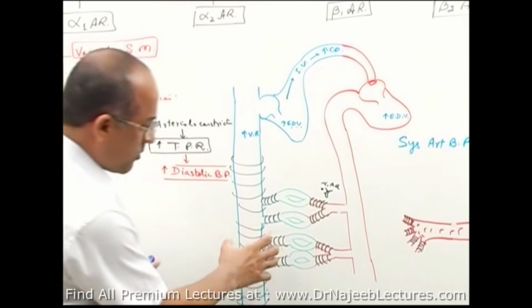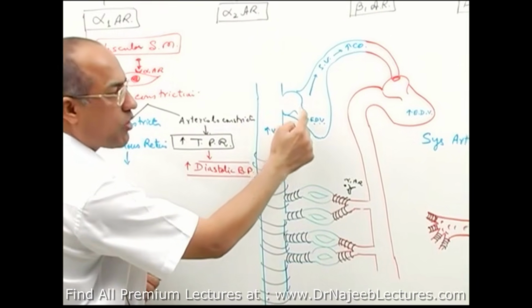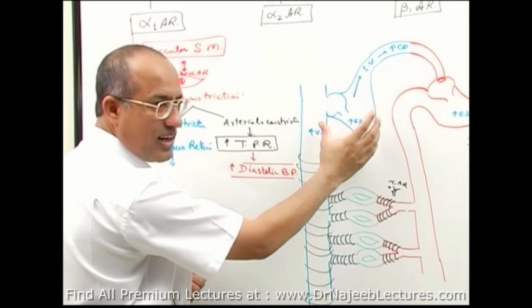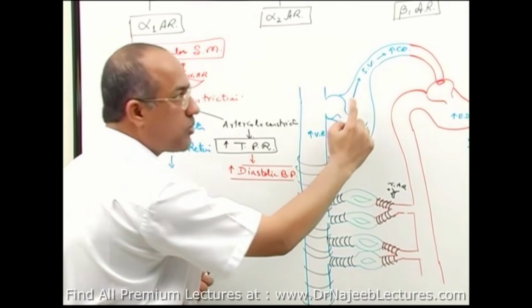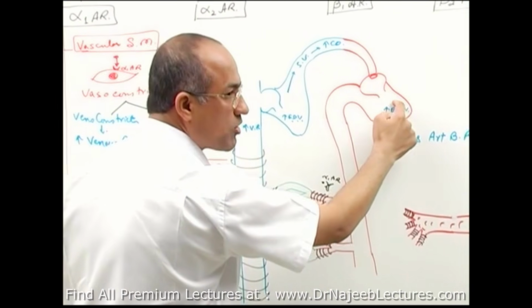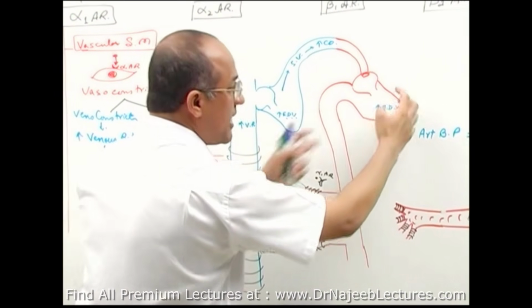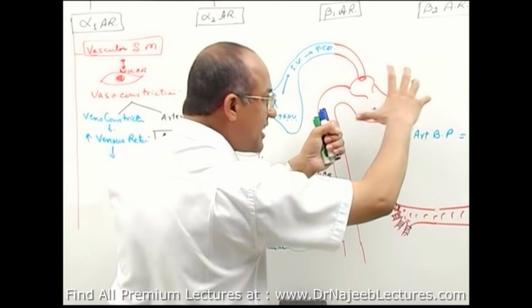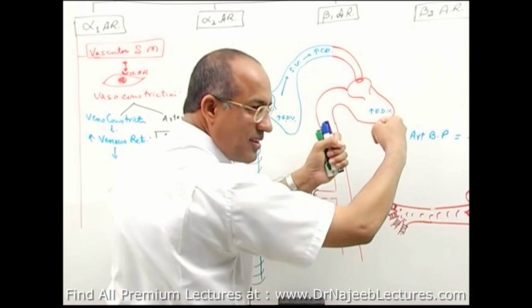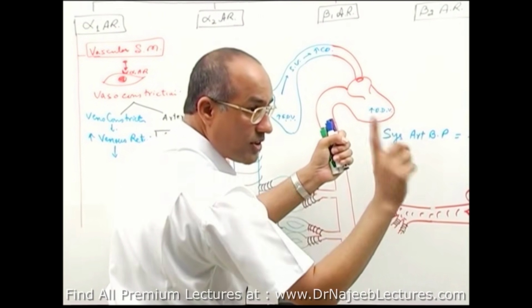So as there is more venous return, it stretches the right ventricle and increases its cardiac output, then venous blood going to the left ventricle increases, the left ventricle gets stretched, and the more you stretch, the more it contracts within physiological limit.